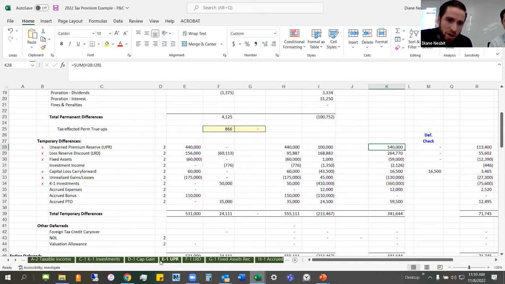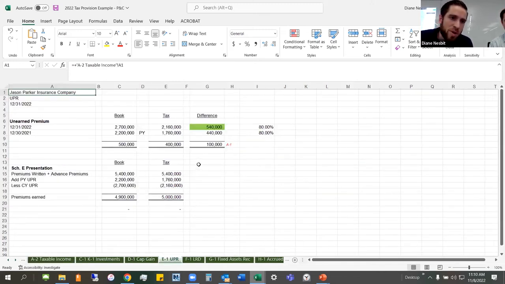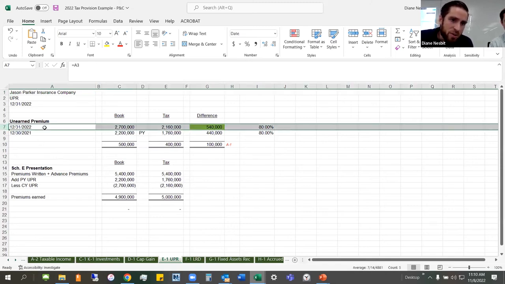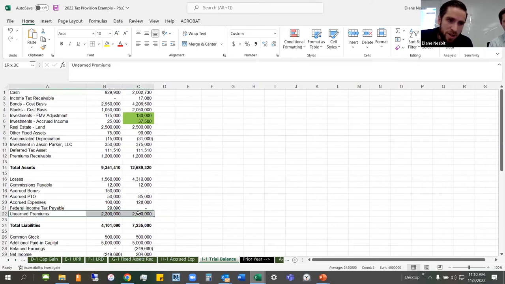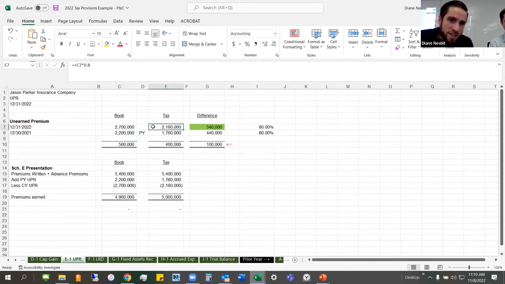If we go over here to our unearned premium work paper, which we use to calculate a book-tax difference, in this particular row we've input our ending book unearned premiums, which comes straight from the trial balance. There's our unearned premiums for book purposes. For tax, our basis is different because we picked up 20% into income.